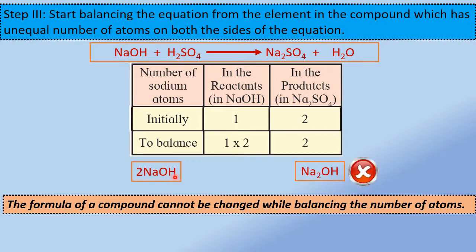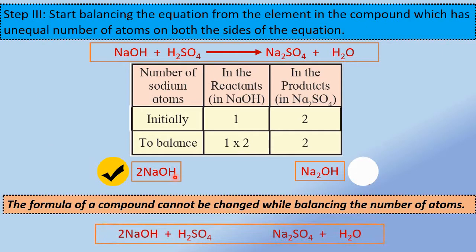So, our equation becomes 2NaOH plus H2SO4 gives Na2SO4 plus H2O.